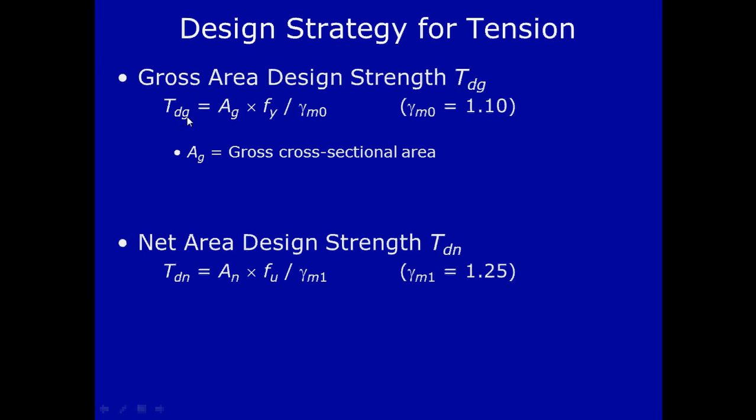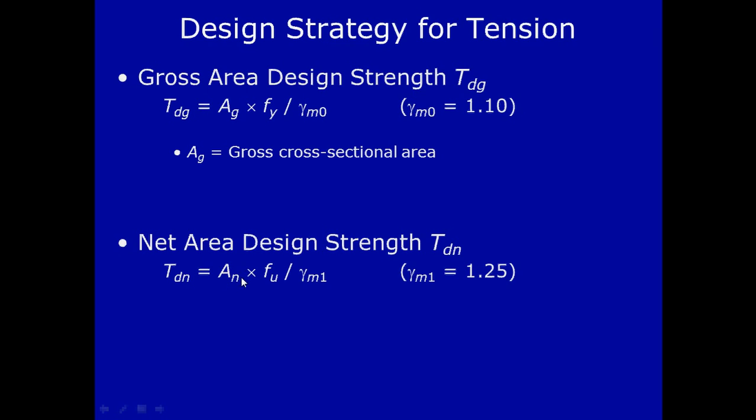TDG shows the tensile force carrying capacity in case of cross section failure, and TDN is the tensile force carrying capacity in case of net section rupture. AG represents the cross section of the plate, Fy is the yield strength, and gamma m0 is the partial factor of safety. In case of cross section yielding, the partial factor of safety should be 1.1.